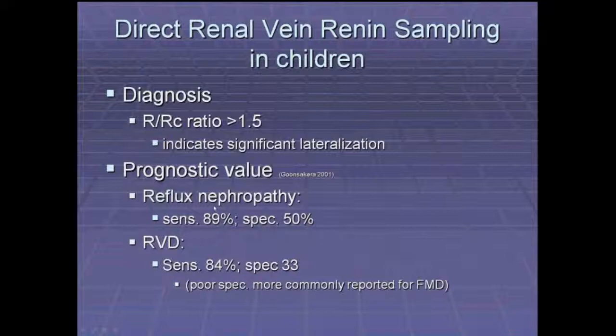It does give us some prognostic value, but it's not very specific because any underlying parenchymal abnormality can lead to an abnormal renal vein sampling, such as reflux nephropathy, along with renal artery stenosis.